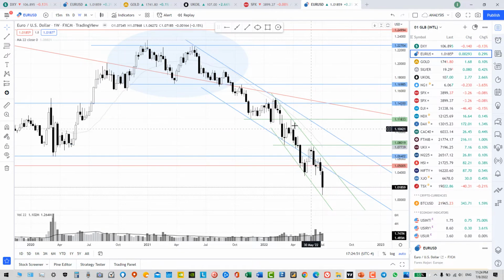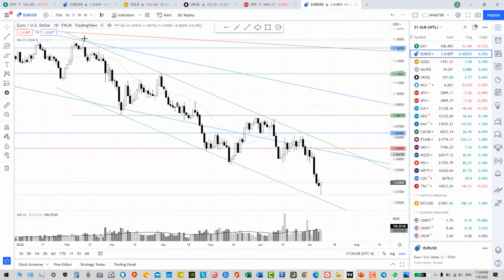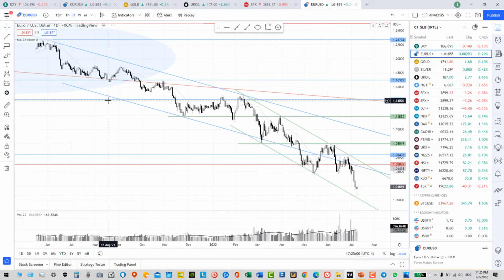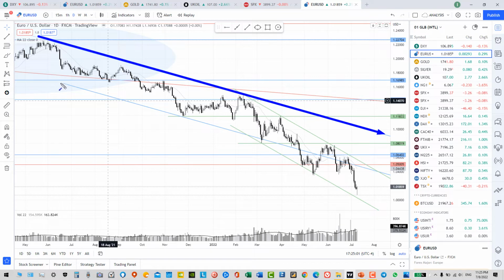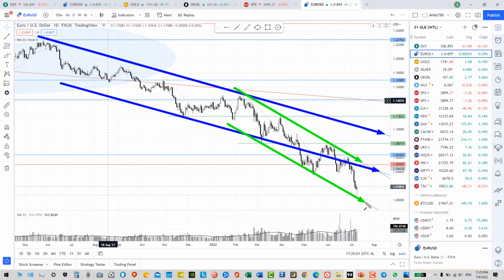Okay, let's jump to the short-term details over the daily chart. You notice here that the upper time frame was a major downtrend, and here over the daily chart it's clear we do have a short-term impulsive wave to the downside.